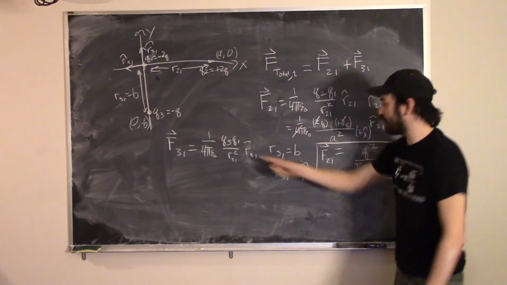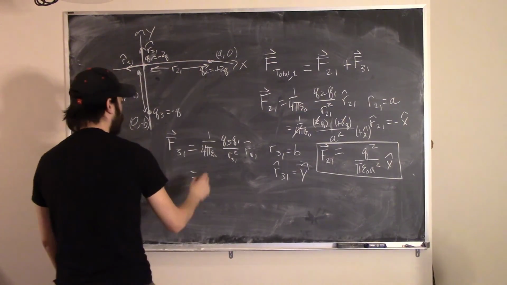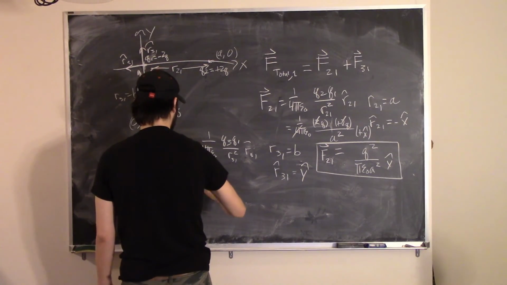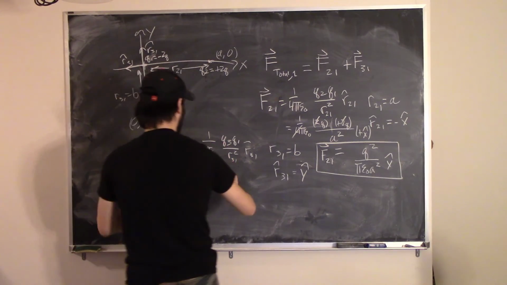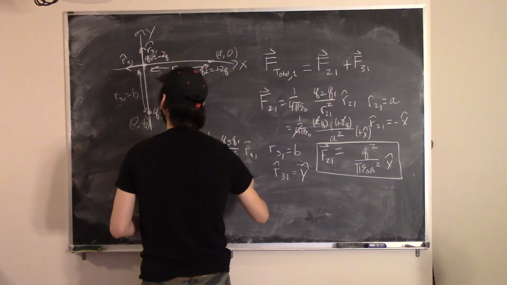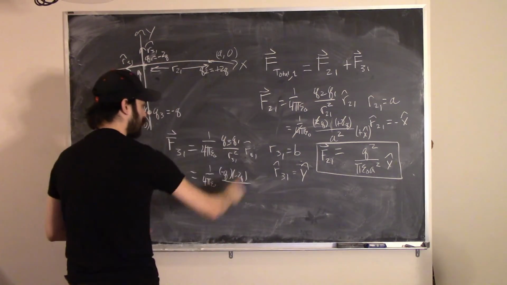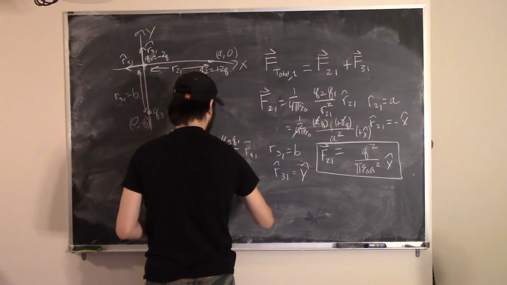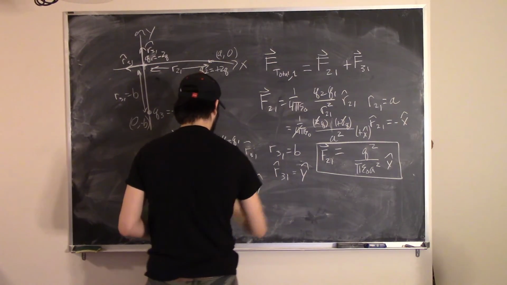We can do the same thing with our F31. Plugging in Q3, let's first write our 1 over 4 pi epsilon naught, times minus Q times minus 2Q divided by the distance squared, which is B squared, times the unit vector, which is y hat.